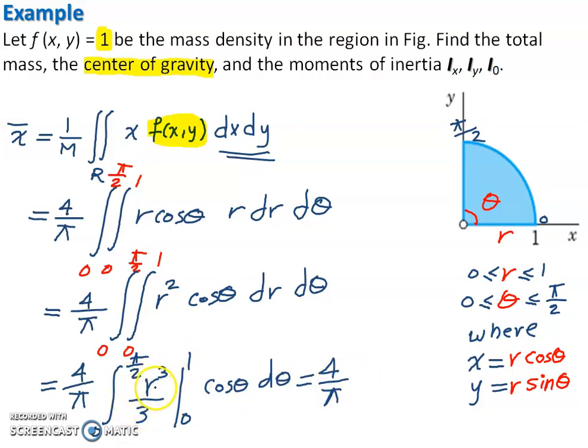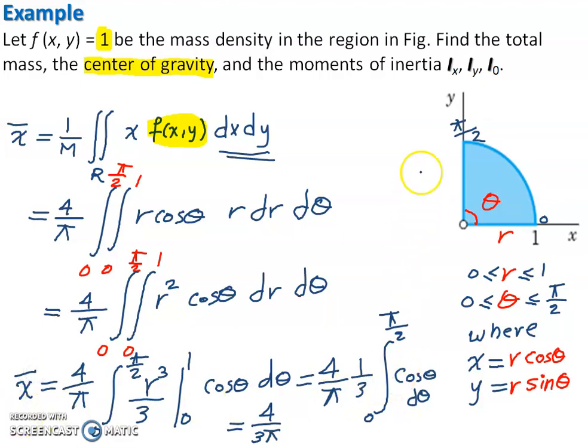Substituting r, 1 minus 0, so we're getting 1 over 3. Integration of cosine theta d theta, theta is from 0 to pi over 2. Integral of cosine theta is sine theta. Use calculator. Final answer will be 4 over 3 pi. This is the value of x bar.